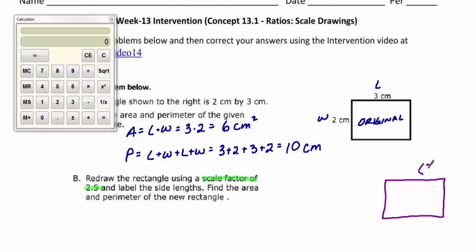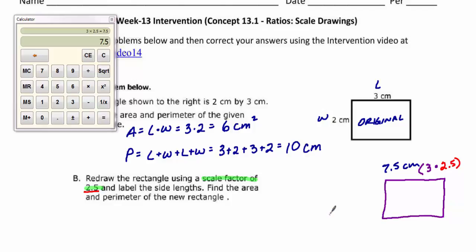This first is going to be 3 times that scale factor, 2.5. 3 times 2.5 gives me 7.5. So 7.5 centimeters is my 3 centimeters grown by 2.5. How about my 2 grown by 2.5?